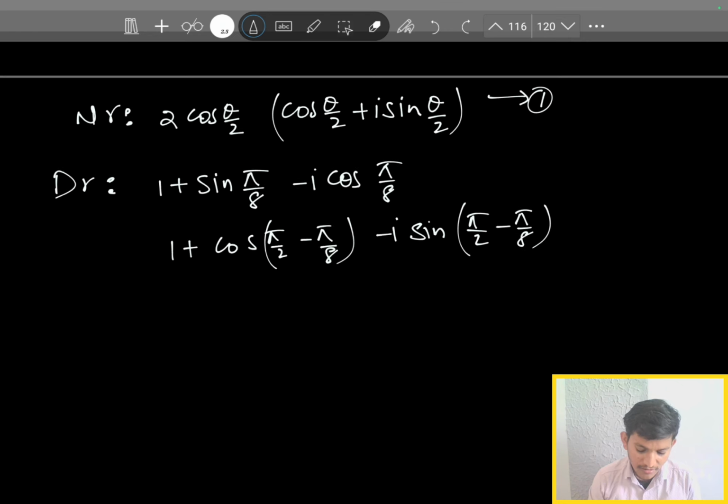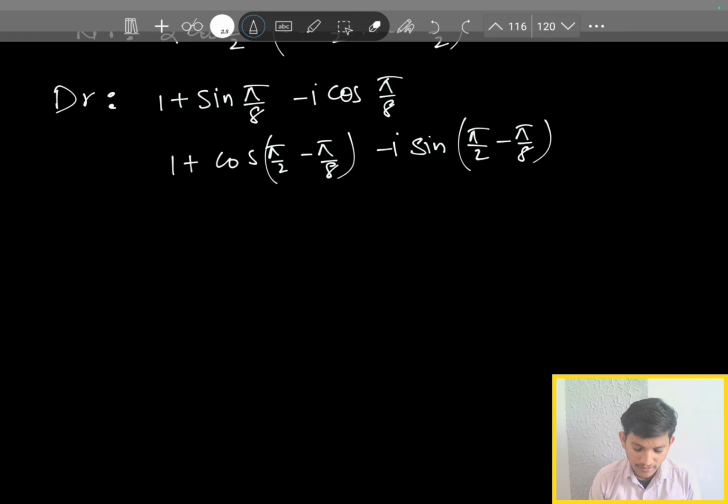As we took the theta value as 5π/2 − 5π/8, that is 3π/8, it must be written as 1 + cos theta − i sin theta. So this was our denominator.